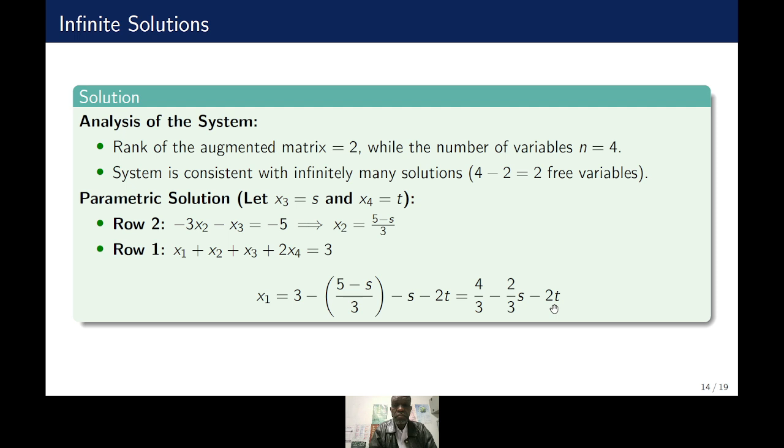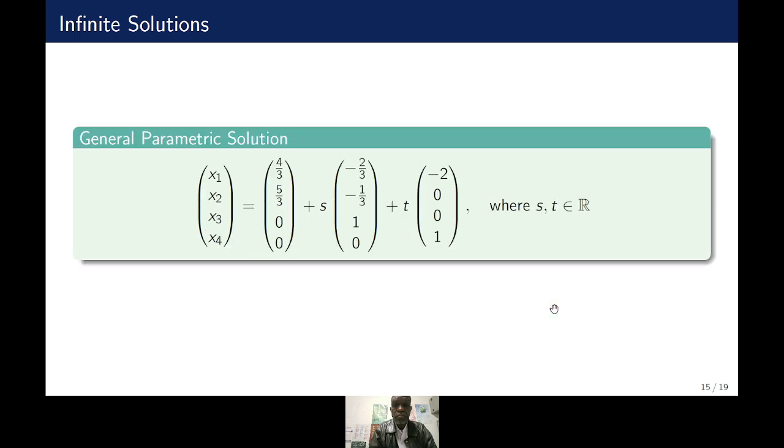So what is the solution of our equations? We get our x1, x2, and x3. If we rewrite this, our x1 is equal to 4 over 3, and then there's a part in s, which is that one, and a part in t, which is that one. So we've obtained our solutions in terms of a constant term, then a coefficient of s, and a coefficient of t.